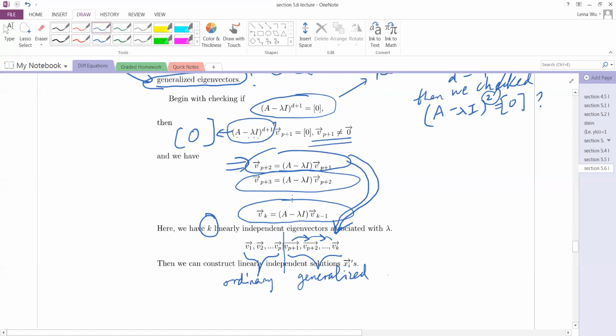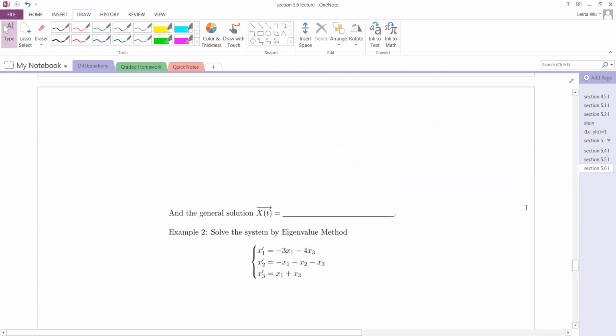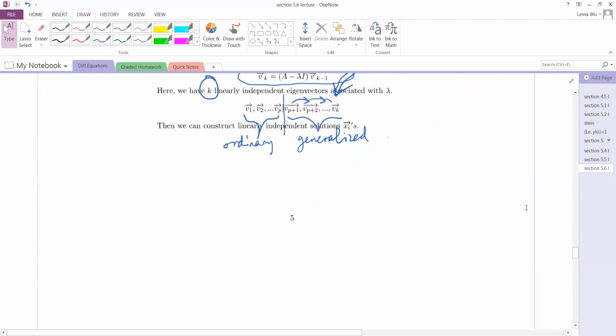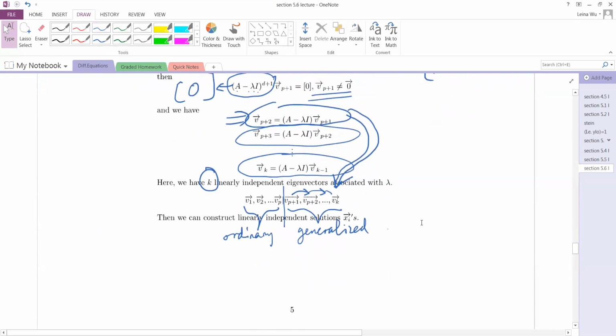So folks, does that give you a general idea of how we get to the k eigenvectors? Yes. Okay, we'll go ahead and work on our last problem. Before that, what are going to be the general solutions? X of t will be based on the x of i's.